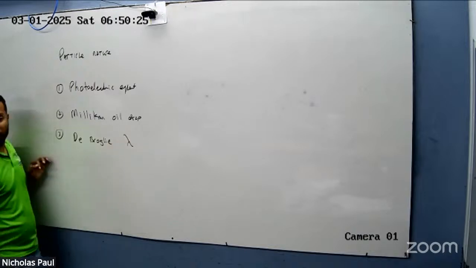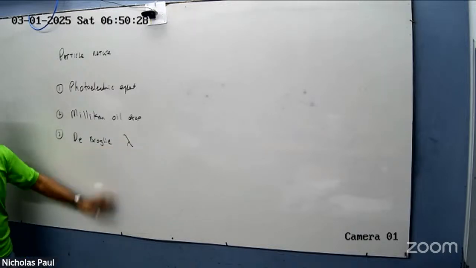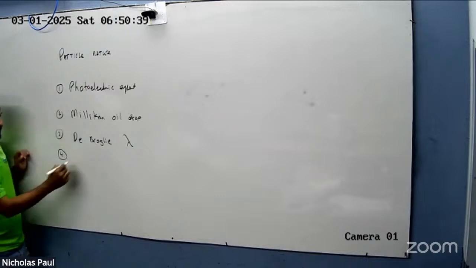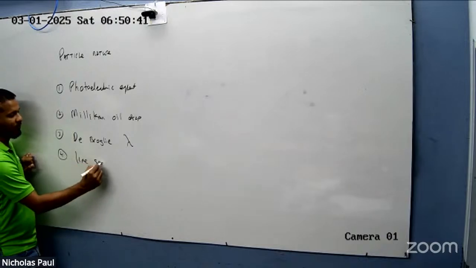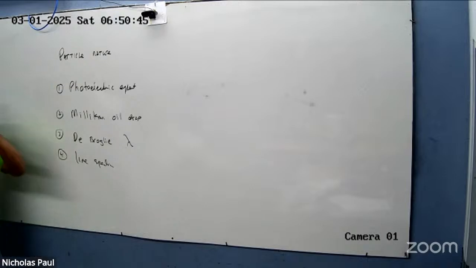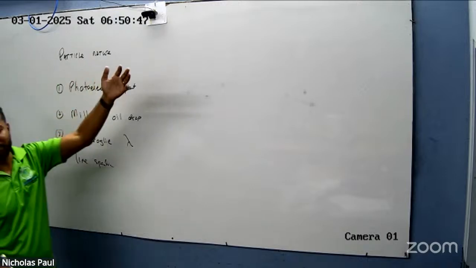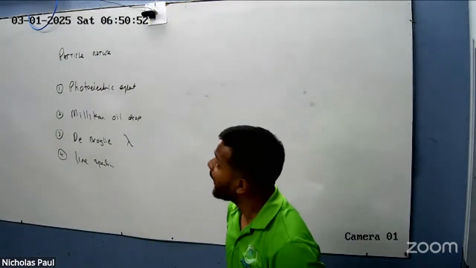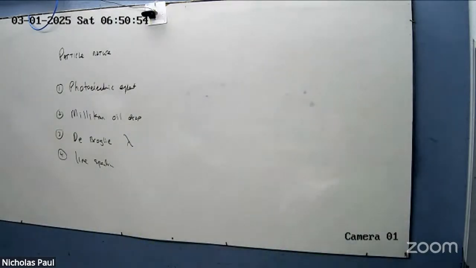Remember the de Broglie wavelength? And one more thing showed particle nature. This one probably came out of the line spectrum. All of these showed the particle nature of light. Well, we know what showed wave nature, that's what you all studied in Form 5, and Unit 1 as well. All those things showed the particle nature of light.